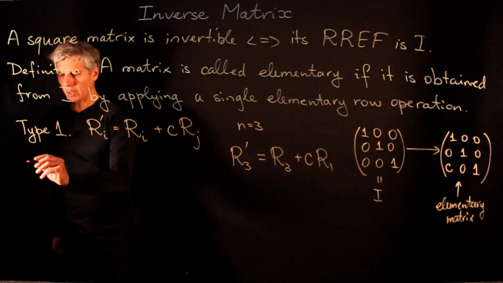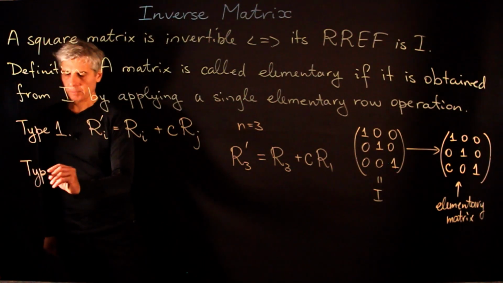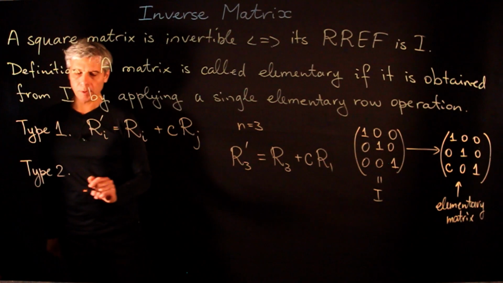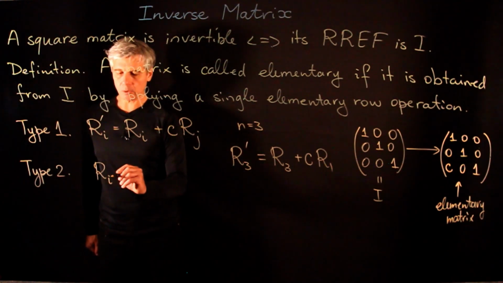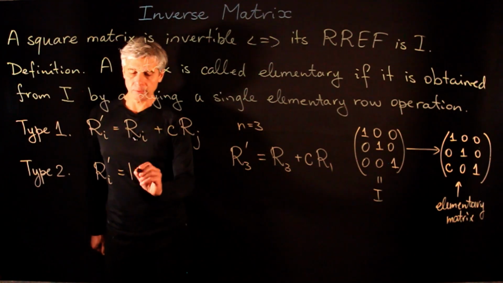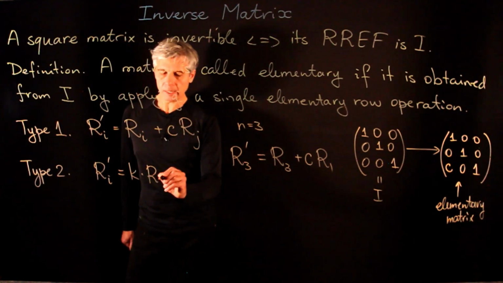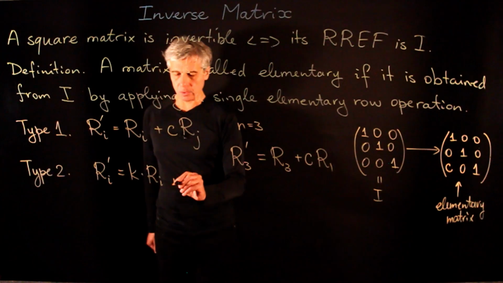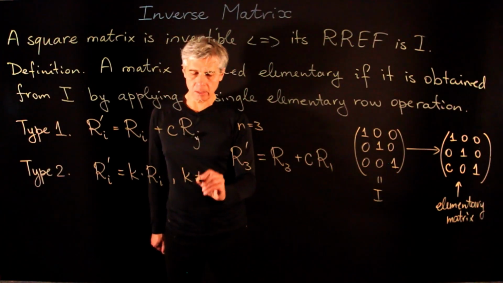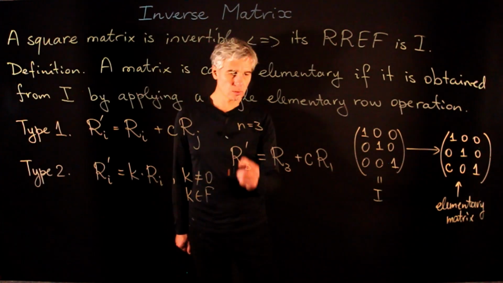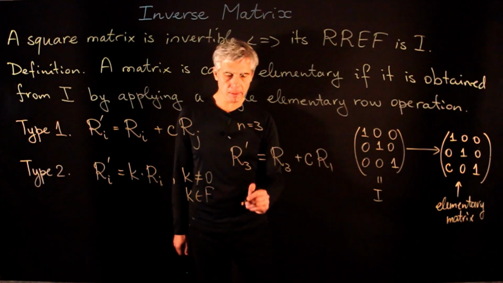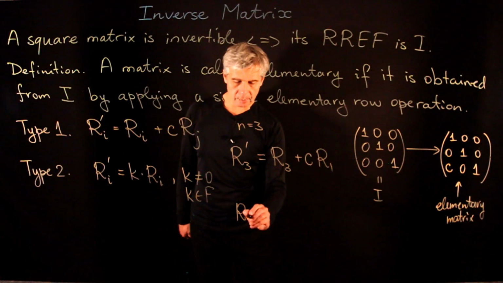Then we have type 2 elementary row operation. When we multiply a row by a non-zero scalar, so we have k times row i, and here k is a non-zero element of our field. For 3 by 3 matrices, let's consider the following.